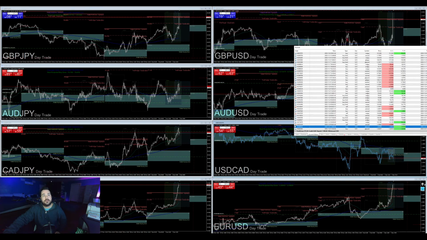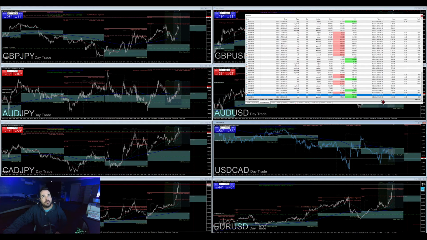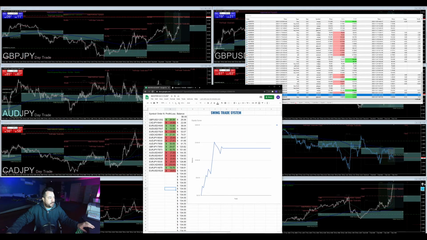Okay, let's take a look here. So we only have one day trade left, and that's the Aussie yen. See if we have any other setups. Day trade.